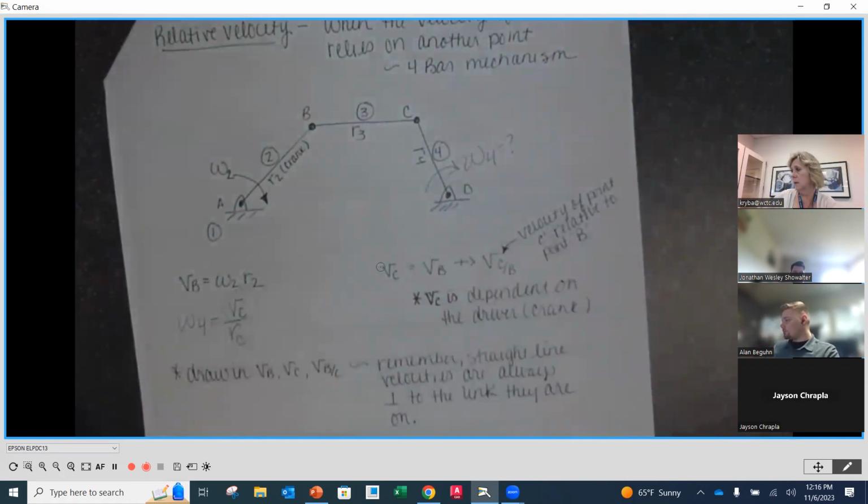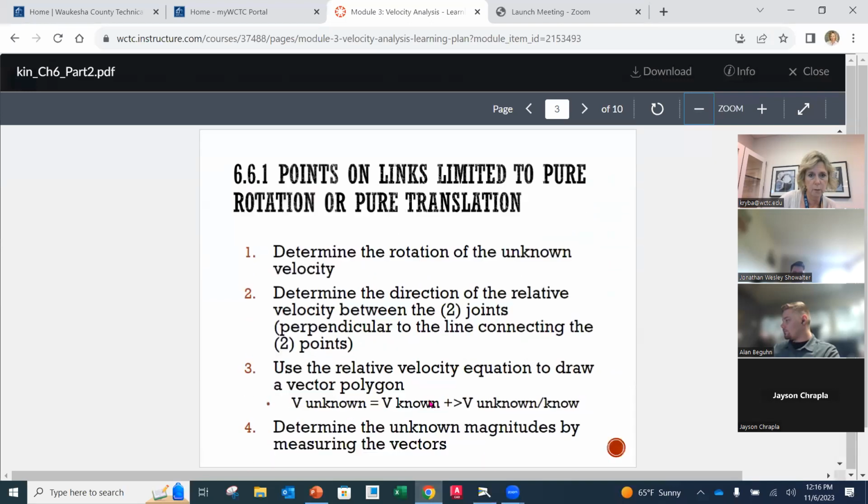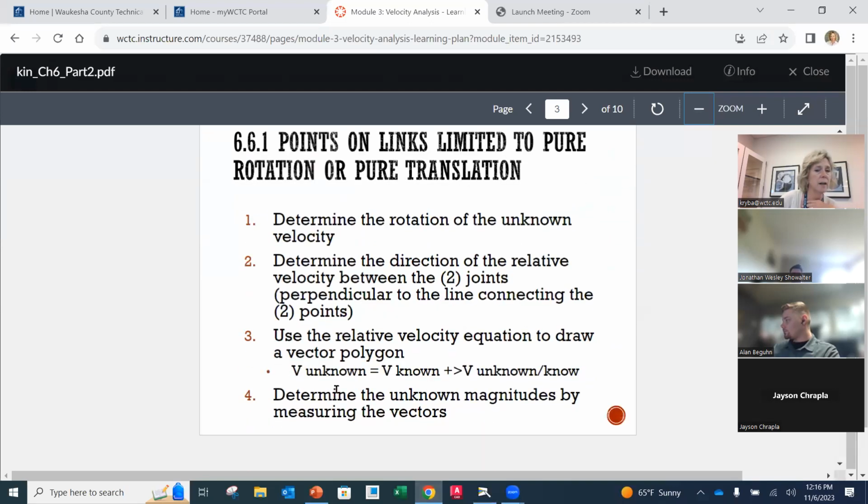So this goes back to that generic version of our relative velocity equation. If we go back over here, for instance, okay, we can say that the velocity of the unknown is equal to a known velocity plus, vectorially, a velocity that is the unknown relative to the known, okay?